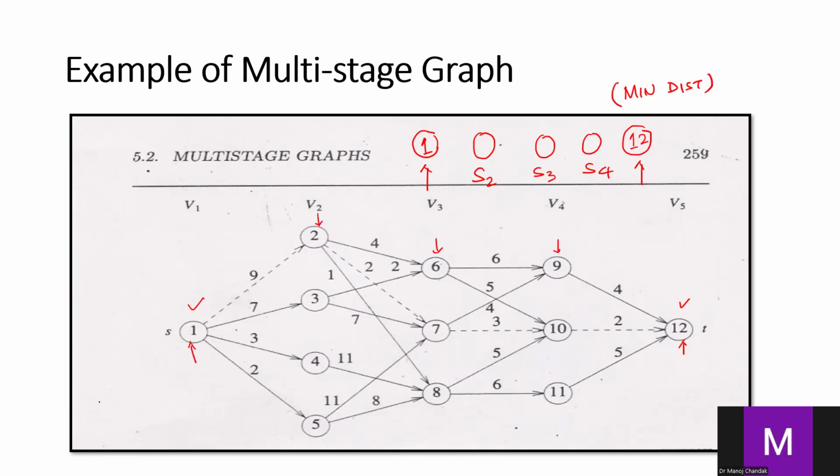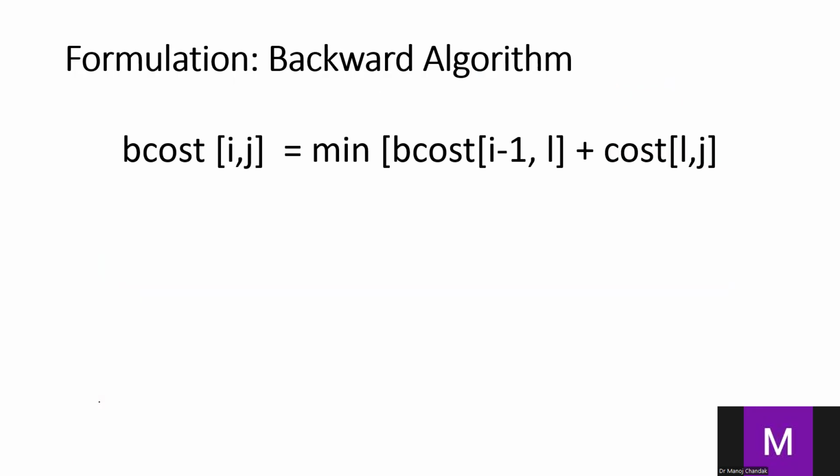The algorithm which we are discussing here is called the backward algorithm, and the formulation for the backward algorithm goes like this. We are calculating the cost for traveling between source and destination, and since we are naming this algorithm the backward algorithm, we are taking this array as B cost.